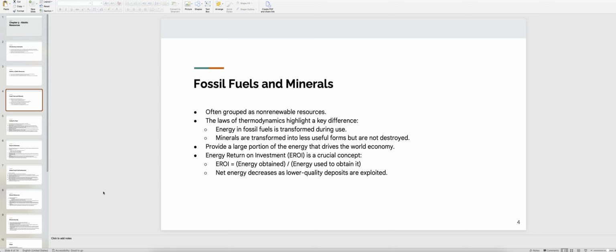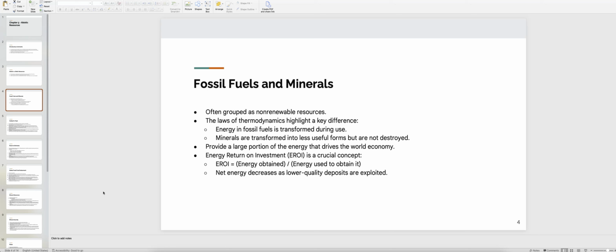And so what are we doing there? We are using energy that's basically stored in those fossil fuels and turning it into something else, right? We're transforming those fossil fuels into something useful. And the important point here is that in that conversion process, some energy is lost, right?